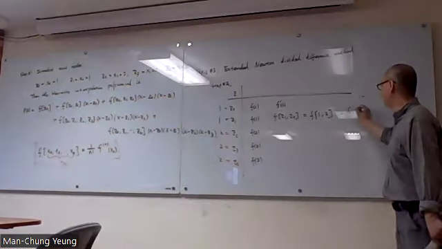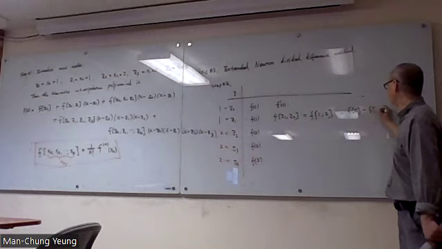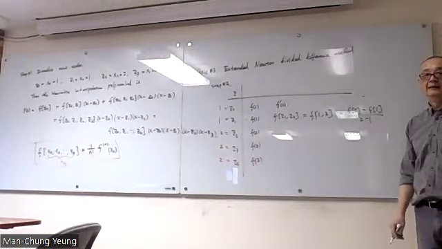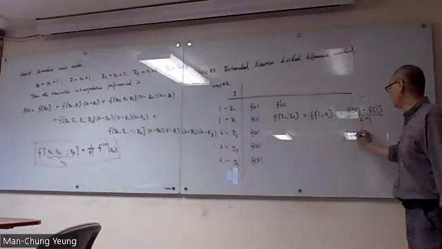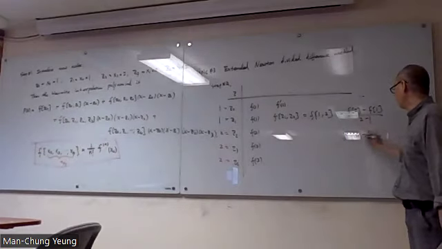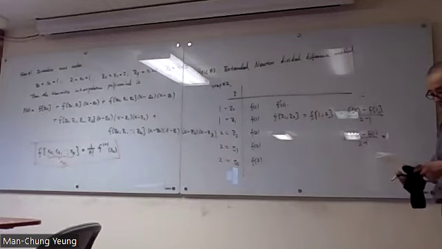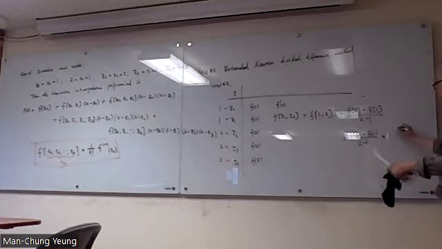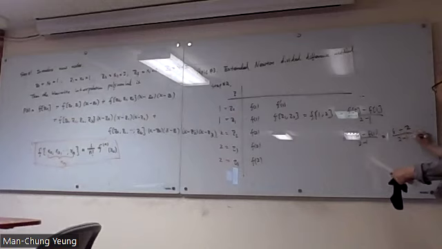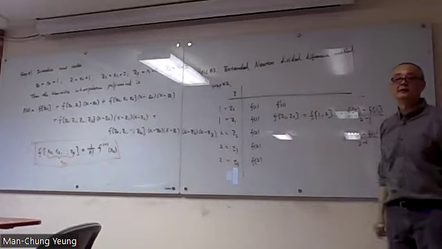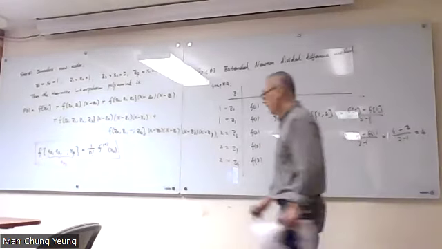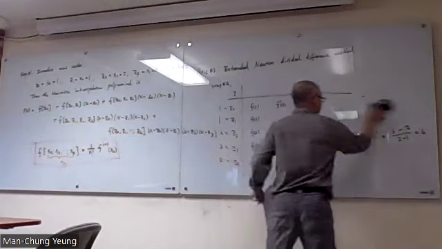This is F2 minus F1, over 2 minus 1. Function value at 2 is 6, function value at 1 is 2, then over 2 minus 1. This is number 4.